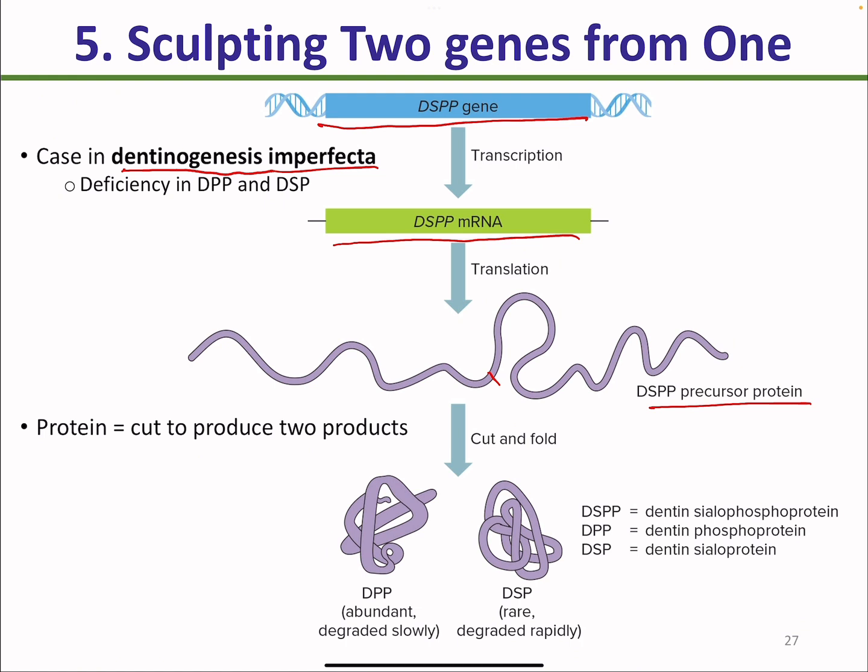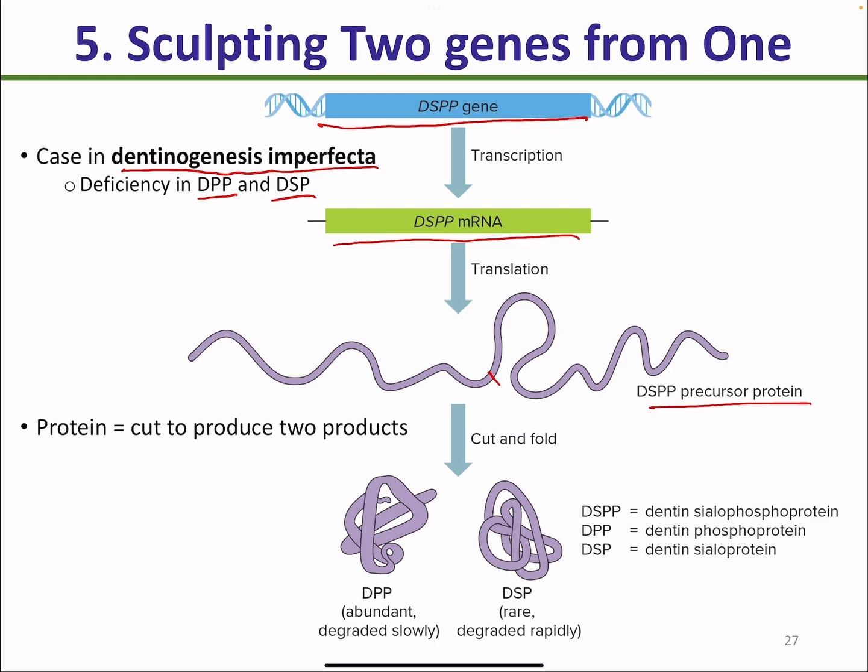In dentinogenesis imperfecta, you have two proteins that are absent. We have DPP and DSP. DPP and DSP are produced from the DSPP gene.